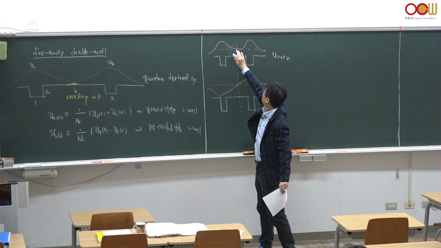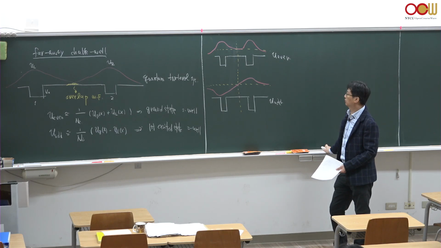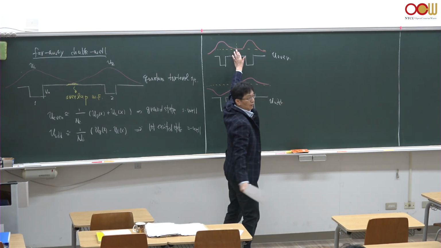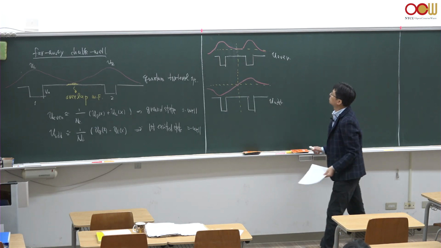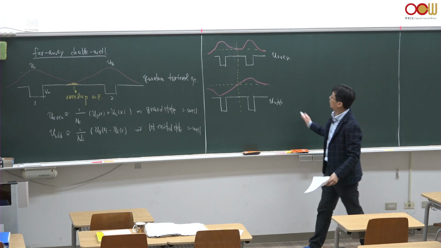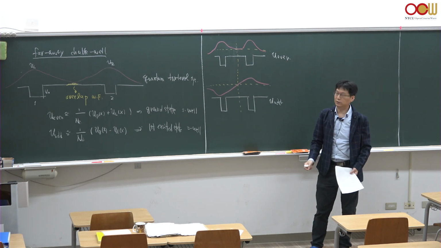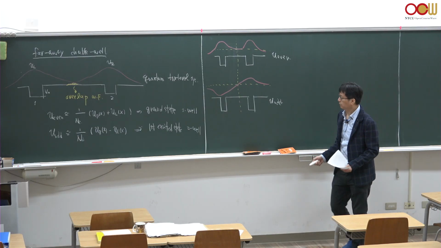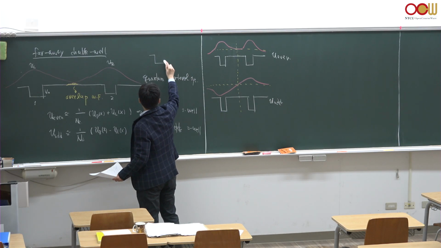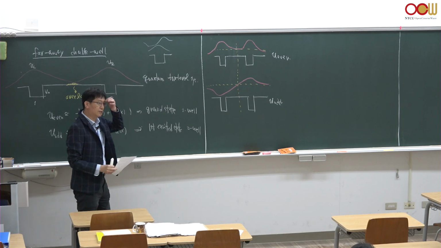In particular, I mentioned that u_even is a very stable state compared to the single well, because you have a very flat region in between these two wells and a very steep exponential fall off outside of the double well, so the binding energy of the double well is very large. And you also know that in a single well potential problem, the ground state must be even, and the first excited state must be odd.